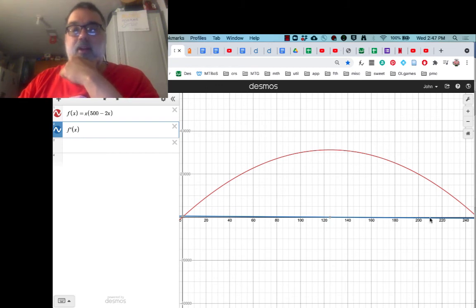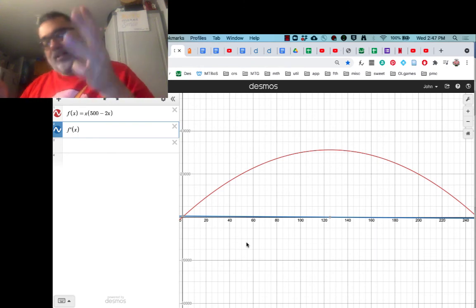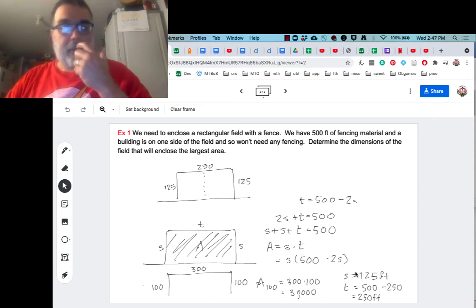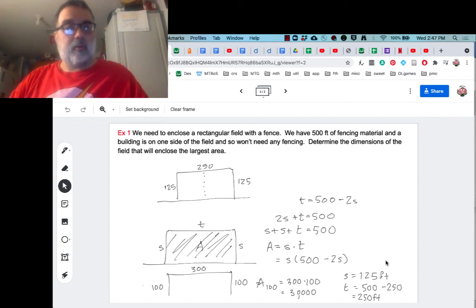We really only care about kind of where the area is positive. Beyond that, it doesn't have any meaning in the sense of this problem. Okay, so we thought this from the graph. The derivative verified it. 125 feet by 250 feet is the largest area.